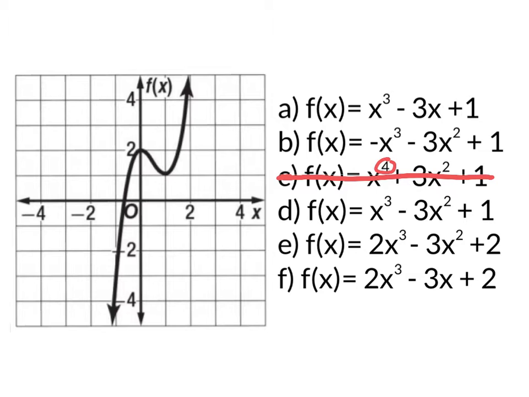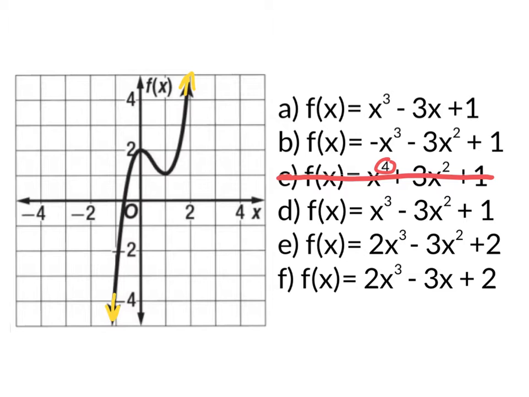Now we do also know that the end behavior is down here in quadrant 3 and up here in quadrant 1. That's similar to the most basic function that has an odd degree, which is y equals x. It has the same end behavior, which means the leading coefficient is positive. It's not negative. Does that make sense?